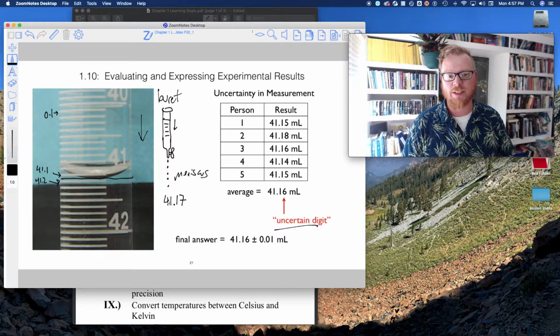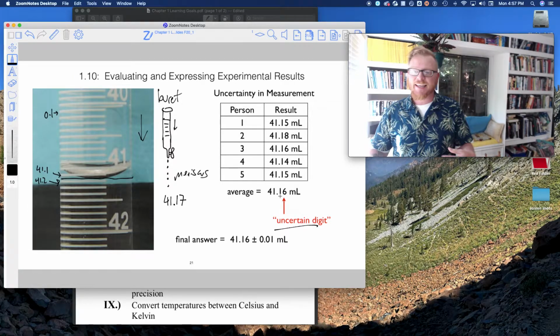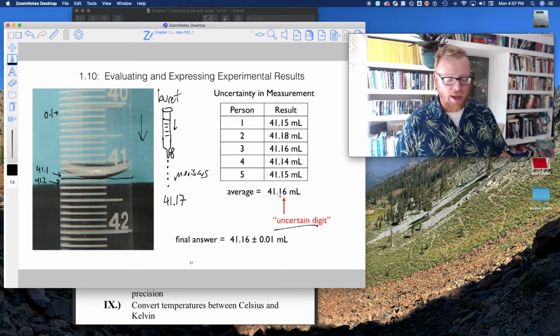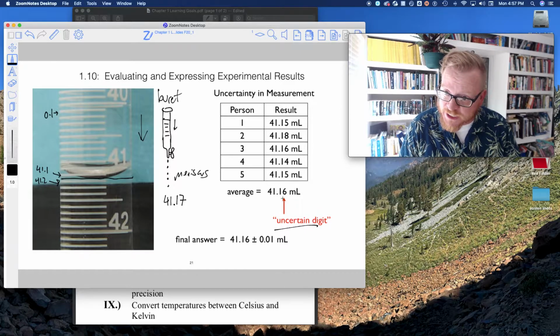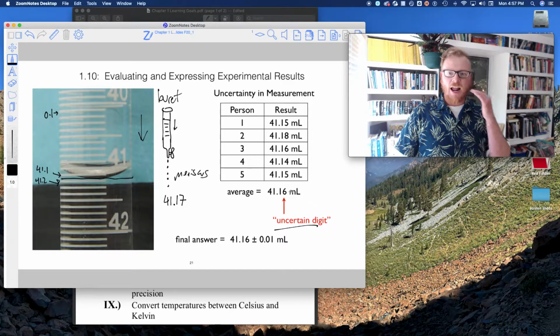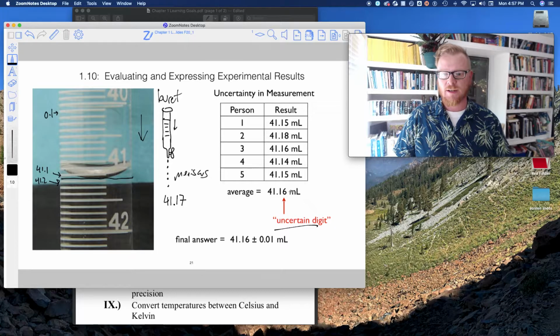I guessed 41.17. So let's say 5 people look at it and these are their results. Maybe one person thought 41.15, 41.18, etc. Well, we average all these together and we get 41.16, and we recognize that that 6 is the uncertain digit. And here we have 4 significant digits in this number, and that last one is always uncertain.